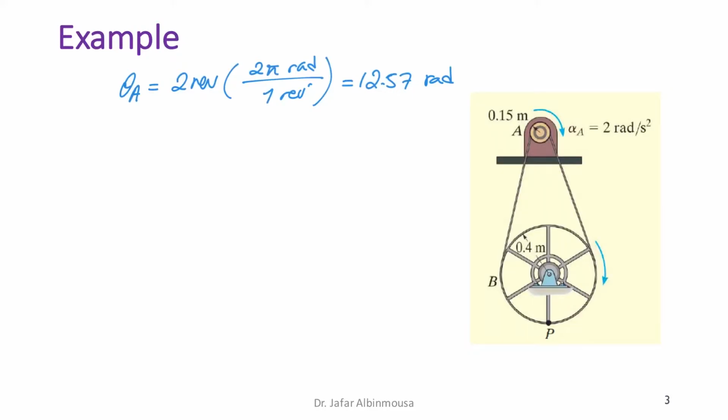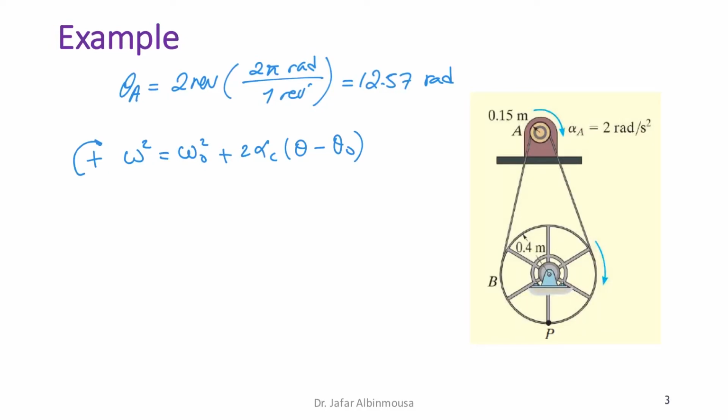Now, since alpha is constant, we can use the constant acceleration relations. So we can take, for example, clockwise as positive, and we have omega squared equals omega 0 squared plus 2 alpha c multiplied by theta minus theta 0.